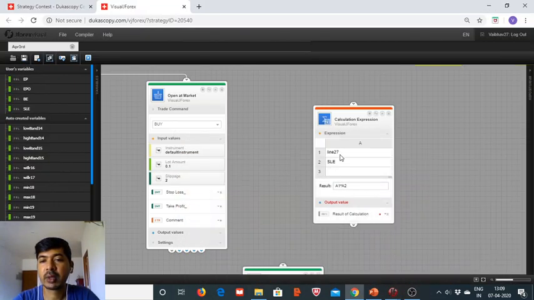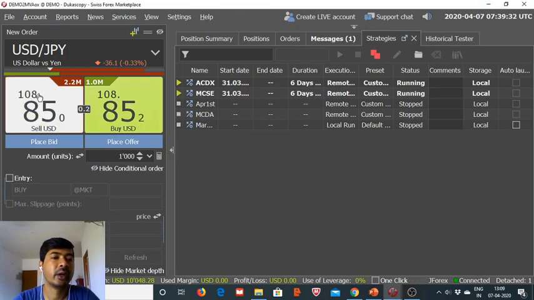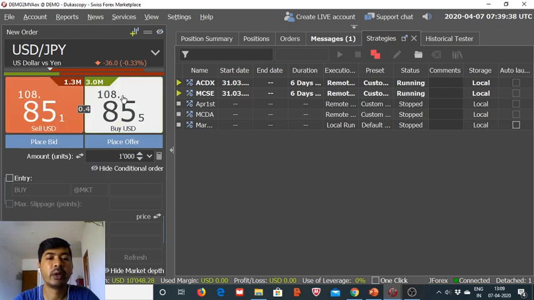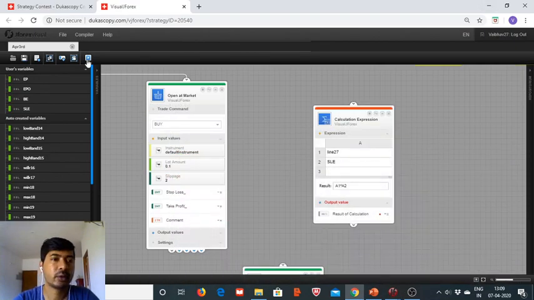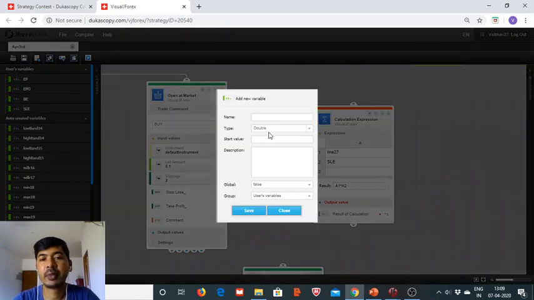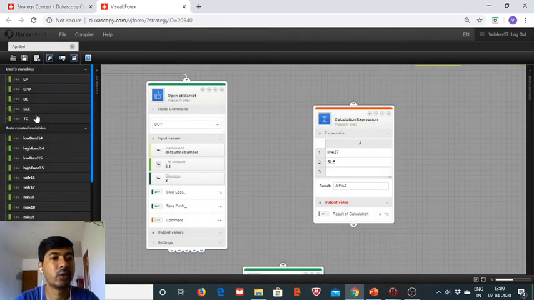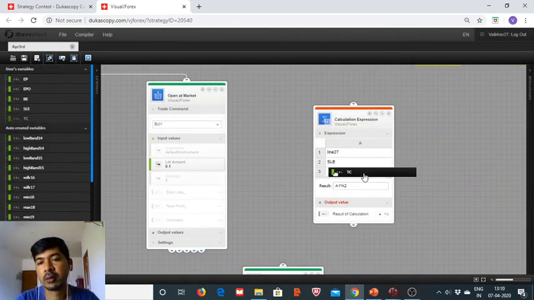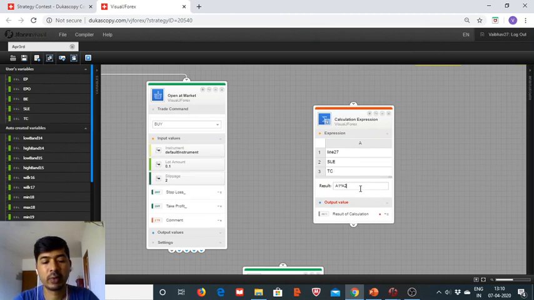So whatever is the 50% of the ATR, we will multiply it by 100, as this is in a 2 decimal point setup. We have these pips after 2 decimal points, so we have to multiply it by 100. So we create a new variable, type conversion TC, and it will be 100. Okay, so we go for it and we do again multiplication A3.